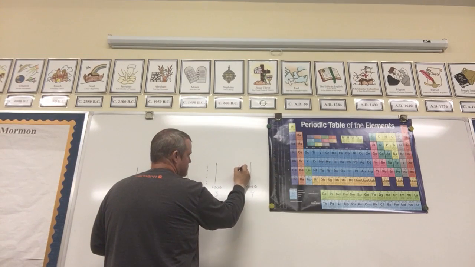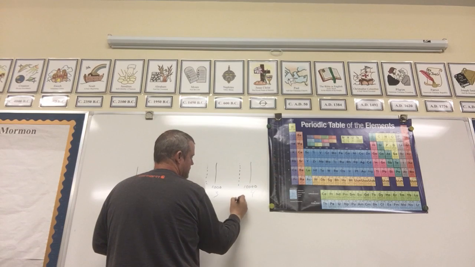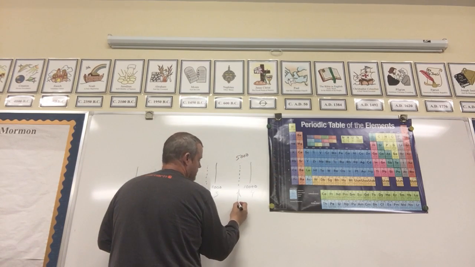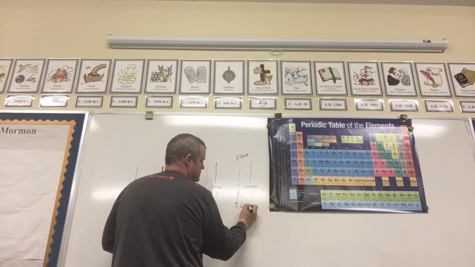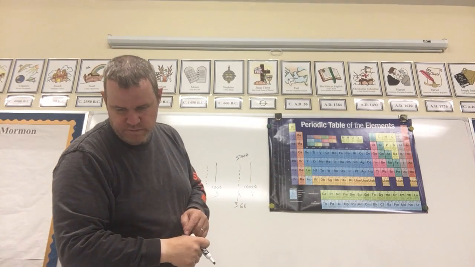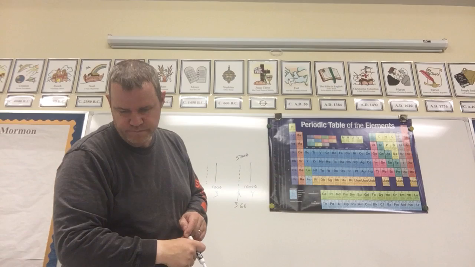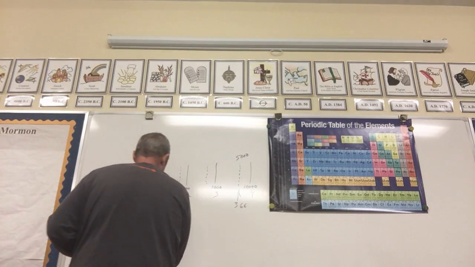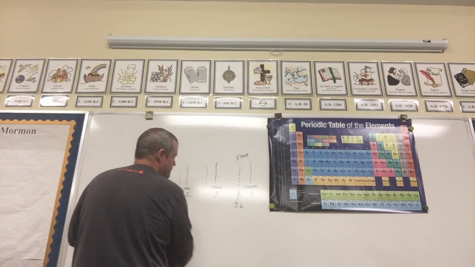So 5,000 would be about right in here. Let me make sure I'm giving that right. Yeah, 3.699, sorry.